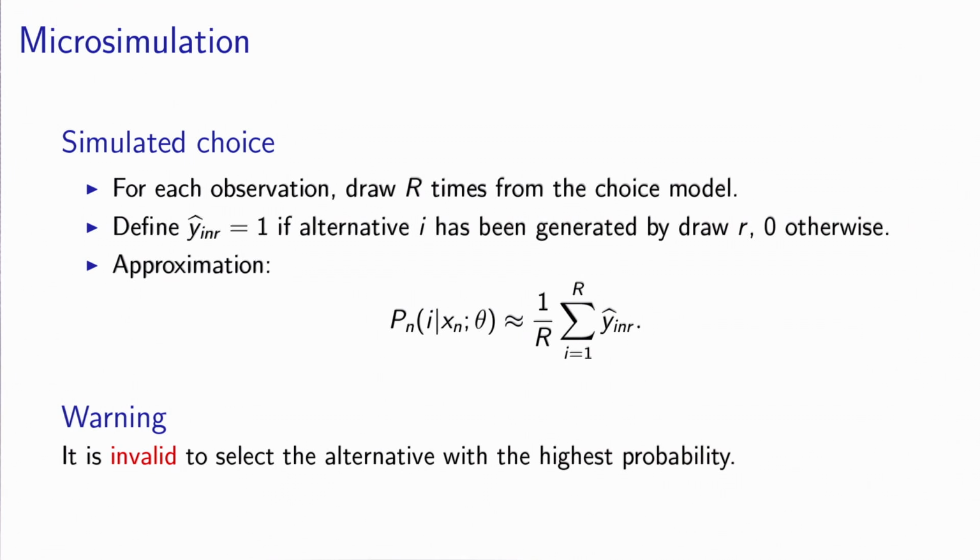This is wrong, because such an application would always predict the same alternative 100% of the time, which is not correct because we know that each of the alternatives has a non-zero probability to be selected. So it is really invalid to select the alternative with the highest probability. You need to apply this roulette wheel technique, this microsimulation technique, in order to generate one realization of the choice.